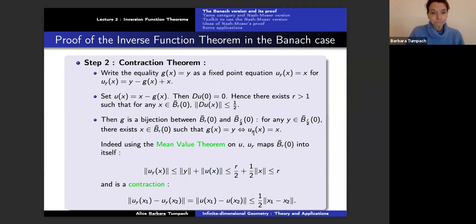And now we have to verify that this function u_y is indeed a contraction.